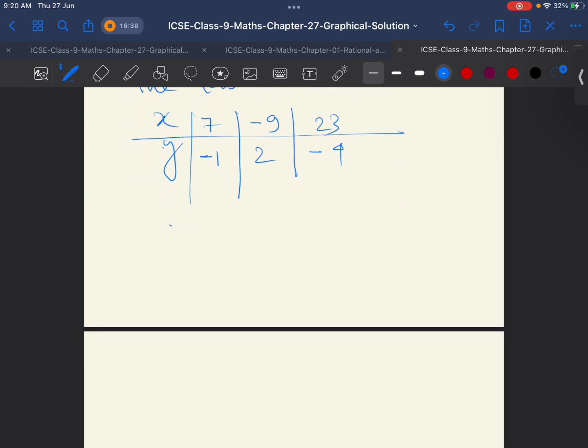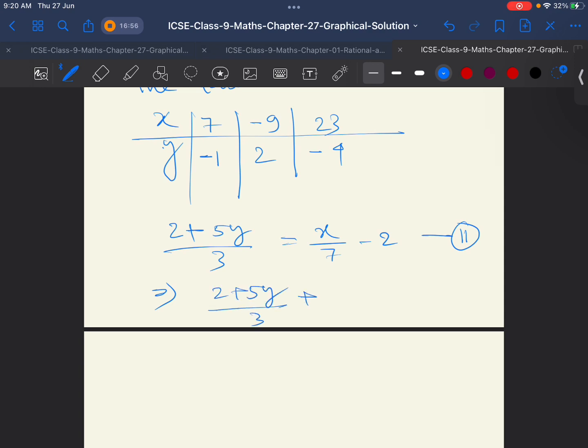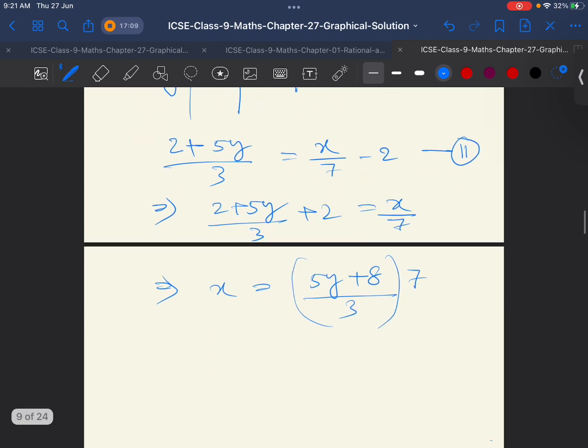Now the equation 2: 2 plus 5y by 3 equals x by 7 minus 2. This is equation 2. It implies 2 plus 5y by 3 plus 2 equals x by 7. It implies x equals 5y plus 8 by 3 into 7.